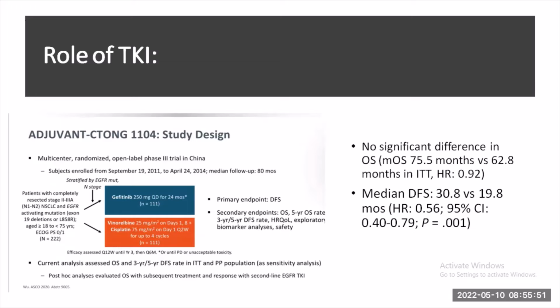Similar results were seen with erlotinib also. Erlotinib initially was done in an unselected population. In the unselected population, erlotinib was associated with no OS or DFS benefit. But when it was selected in an EGFR mutated population, there was a DFS improvement, but there is no OS improvement.